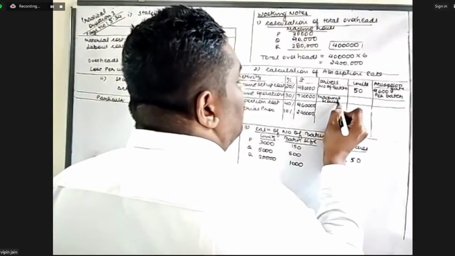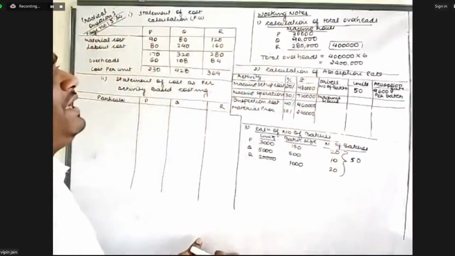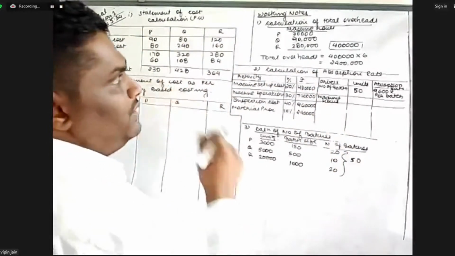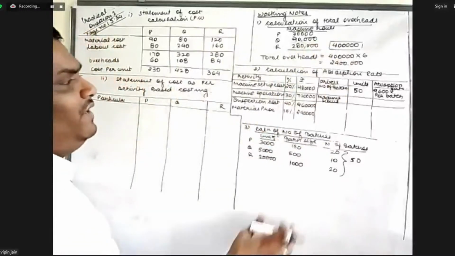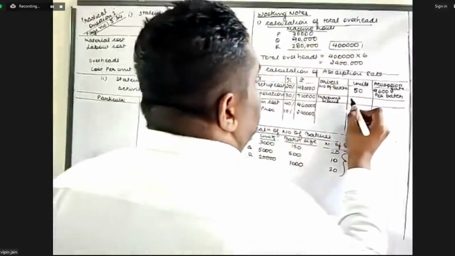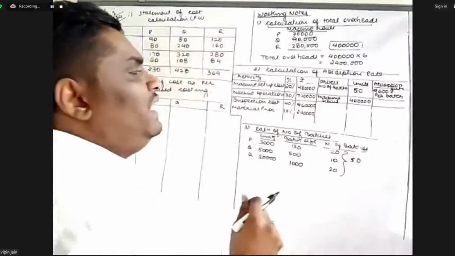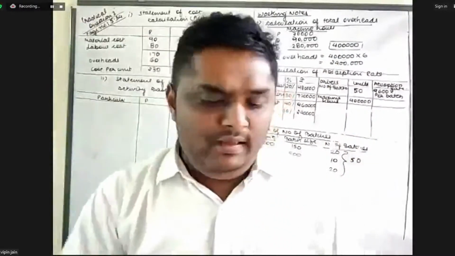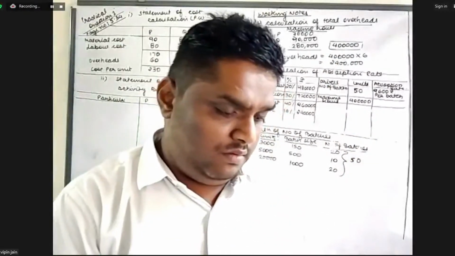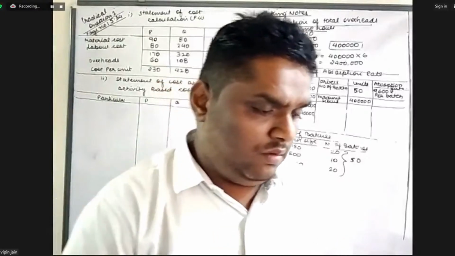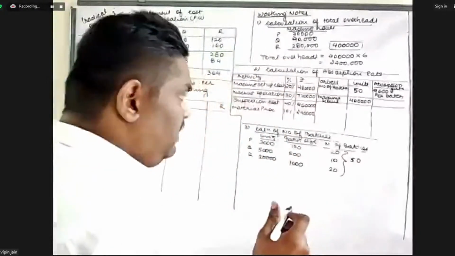We are already done with the calculation of machine hours. That is total 4 lakh hours. So 7,20,000 divided by 4 lakh. So 1.8 per hour.